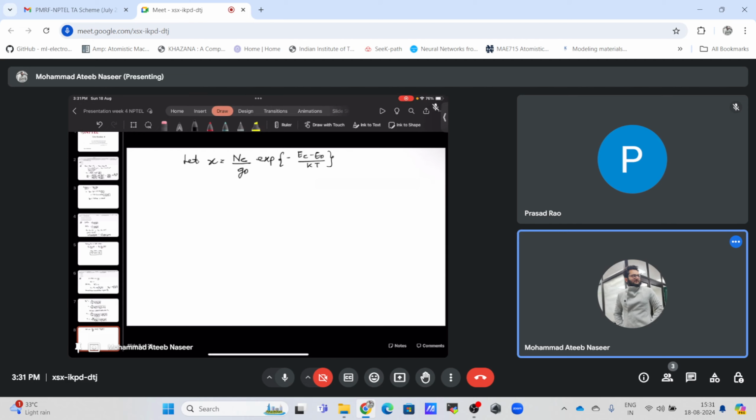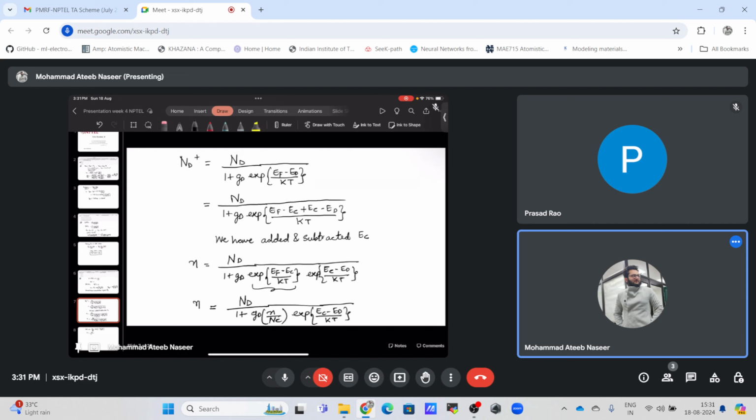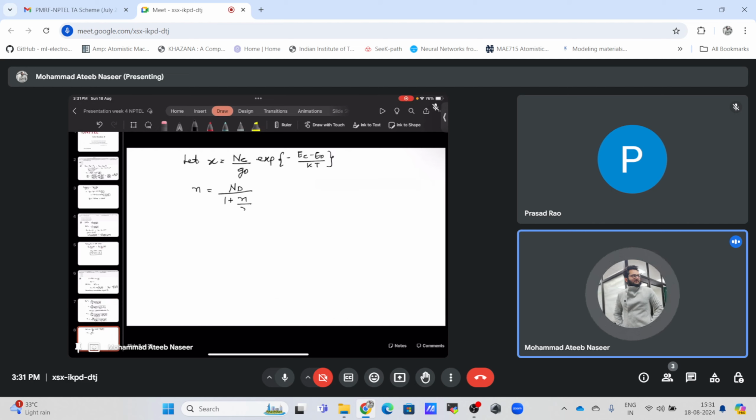So the equation will become n equal to Nd divided by 1 plus n divided by X. So it will be simply n plus n square by X is Nd.